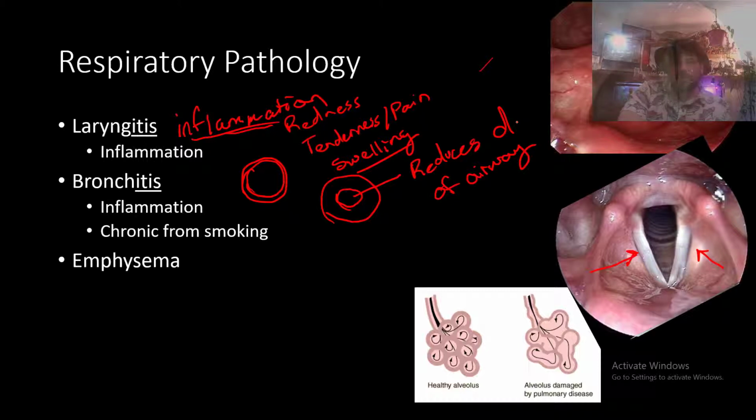Speaking of great ways to completely jack up your respiratory system, there's emphysema. Emphysema is actually a disease of the alveoli. If you have those little alveoli like this, they have all these nice little membranes separating them.